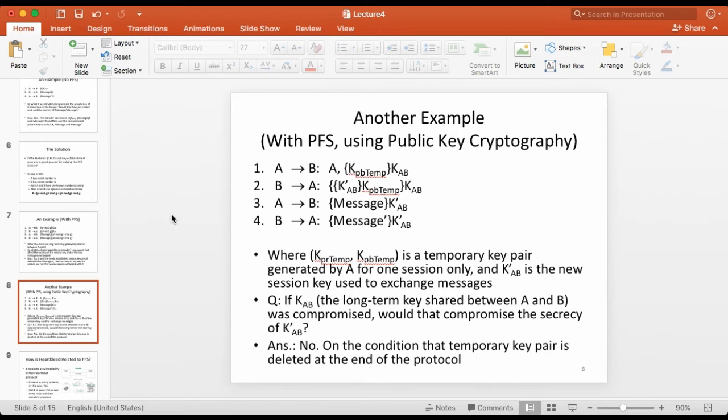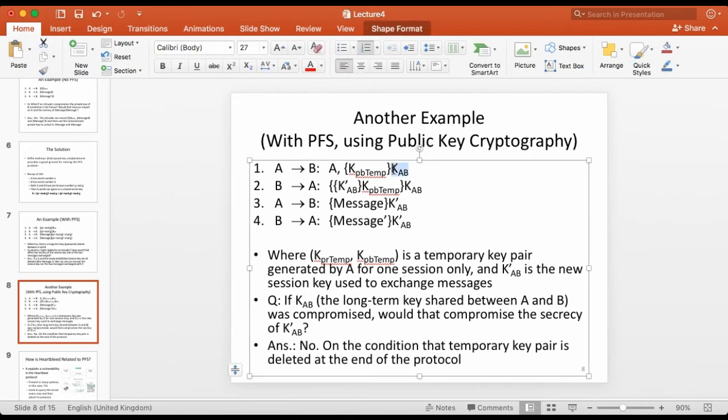Now the question, in terms of the PFS property, is what happens if I were to compromise my old long-term shared key, or long-term password. Will that have any effect on the new long-term password K prime AB?